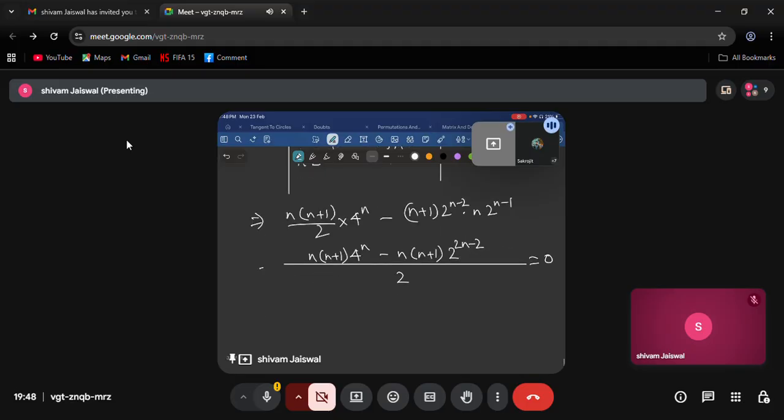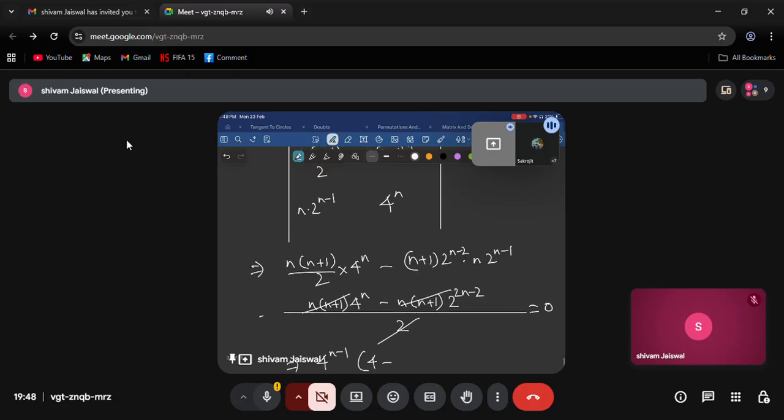Now, since n cannot be equal to 0, I can cancel out this. I can cancel out this also. So I'm getting 4 to the power n minus 2 to the power 2n minus 2 is equal to 0. So taking 4 to the power n minus 1 common, we are going to get 4 minus... somewhere I'm making a mistake.